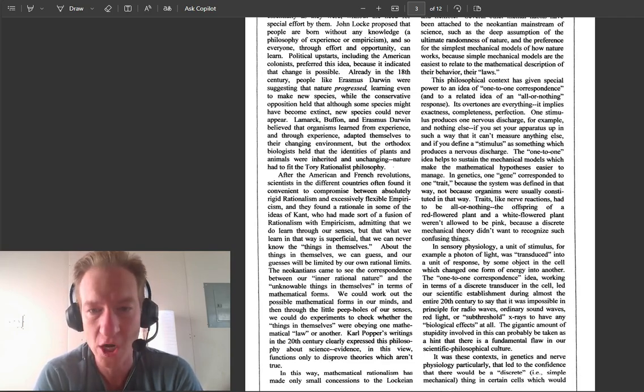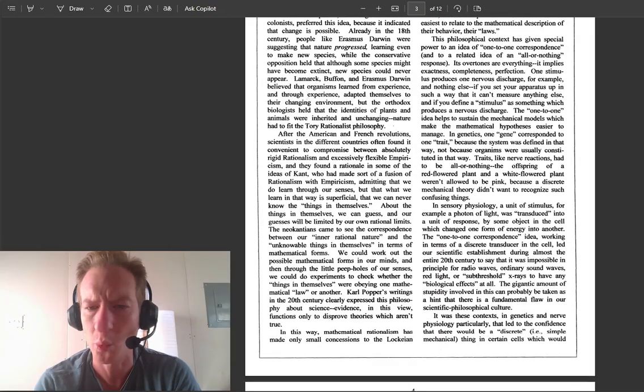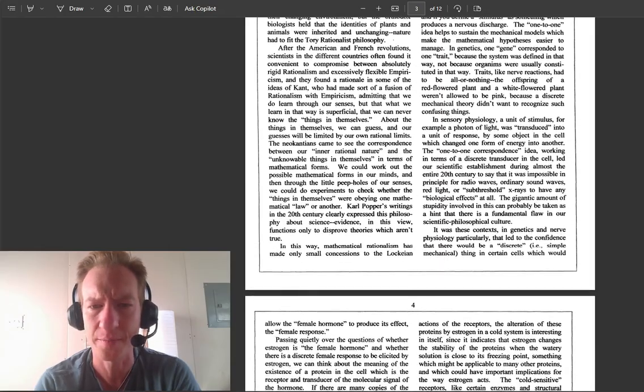In sensory physiology, a unit of stimulus, for example a photon of light, was "transduced" into a unit of response by some object in the cell which changed one form of energy into another.